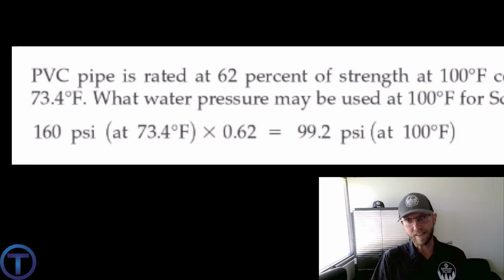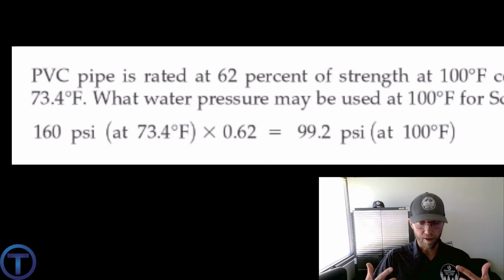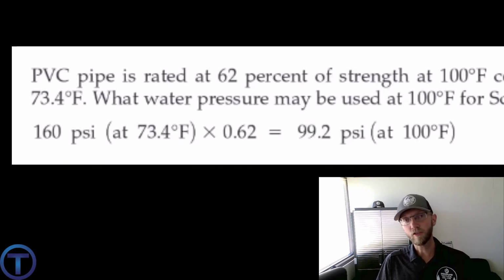This is an example of the fact that we have to be aware of the pressures we're putting into the pipe, the strength of the pipe itself, those walls, and the way that that strength is affected by temperature. As long as we're aware of that and installing what is required, we shouldn't have any problems.